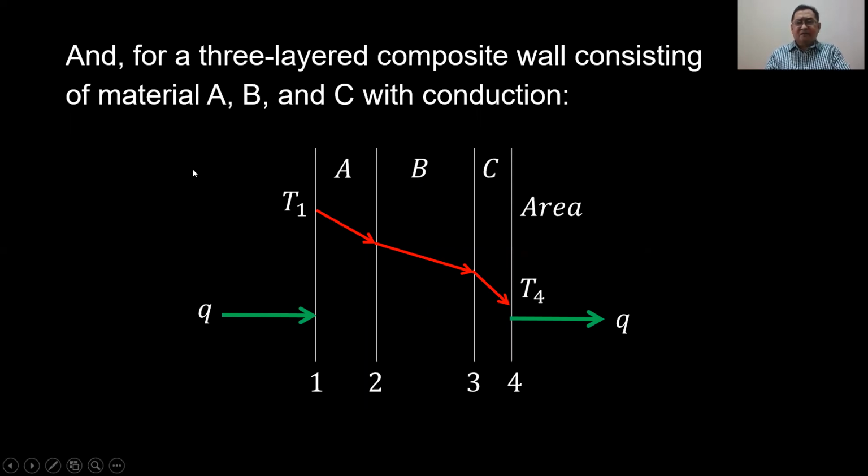So for a three-layered composite wall composed of three materials A, B, and C, we have T sub 1 on the inside of the building, T sub 2 in between wall material A and B, T sub 3 in between material B and C, and T sub 4, the outside surface of the wall.